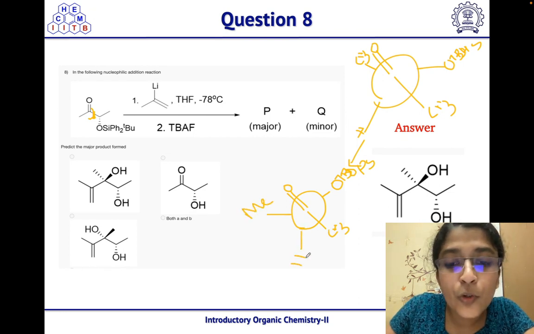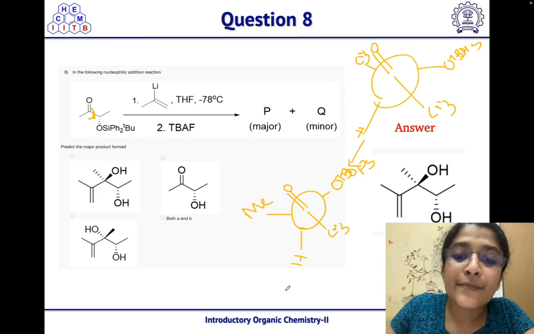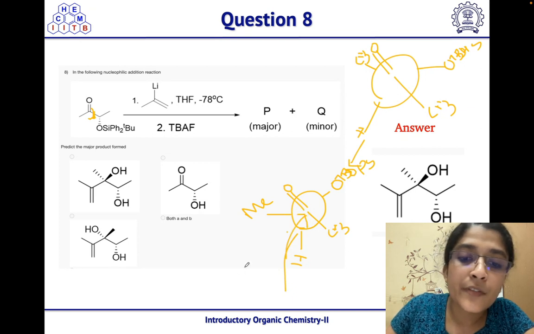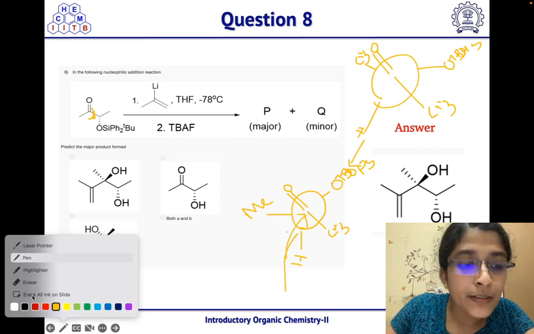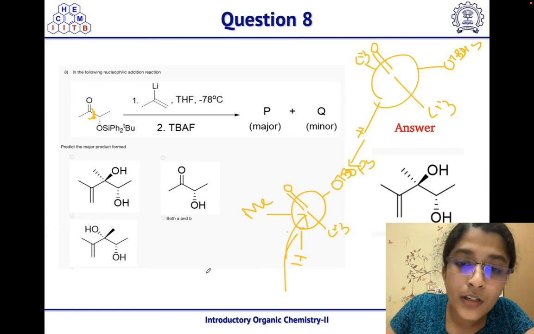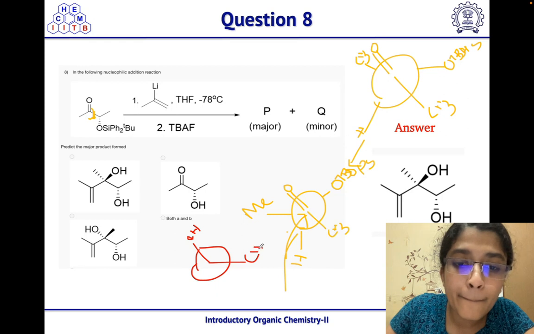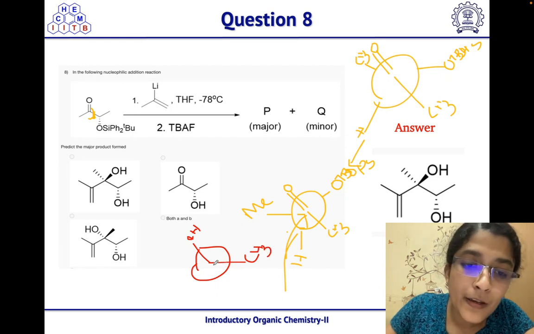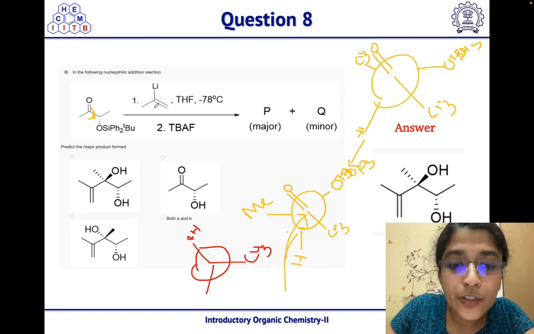And here the methyl group comes, and here the hydrogen. So following the Burgi-Dunitz angle, the less favored attack will be from this side. So it will attack at the center, and we will get OH, CH3, and here our nucleophile is this group.